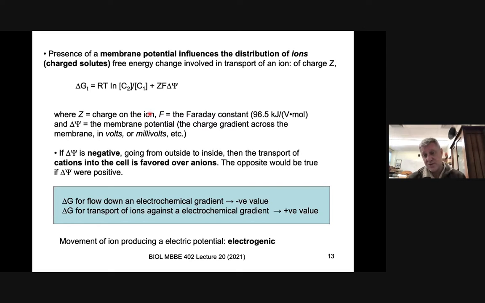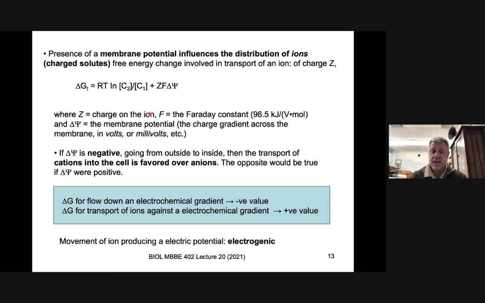Obviously, the opposite is true if the delta psi was positive, so we'd see a change in direction of that flow as well as an inversion of the charge distribution across the membrane. So the change in delta G for a flow down an electrochemical gradient is going to have a negative value.